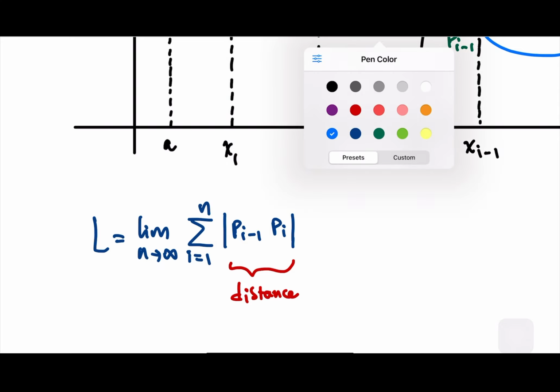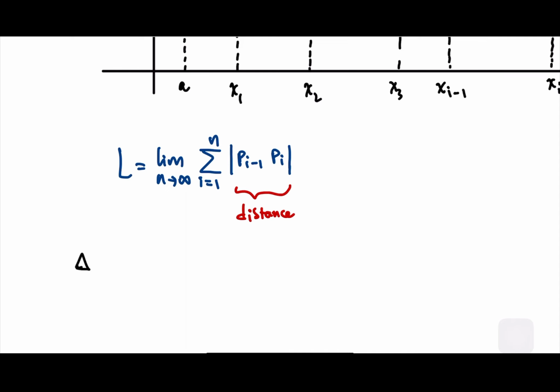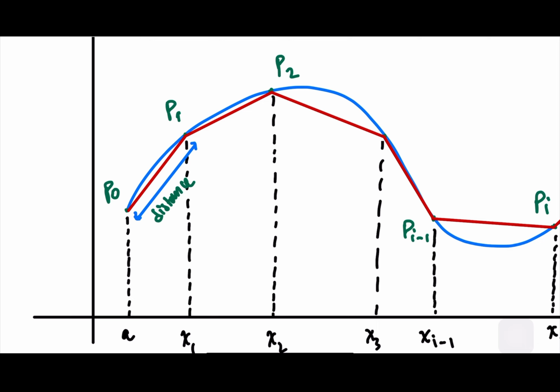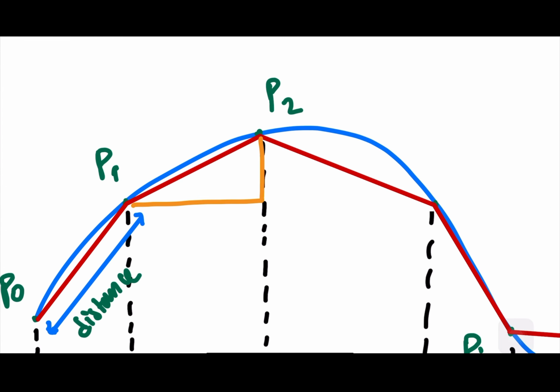And if we let delta y be the difference between yi and yi minus 1, this here is the delta y.